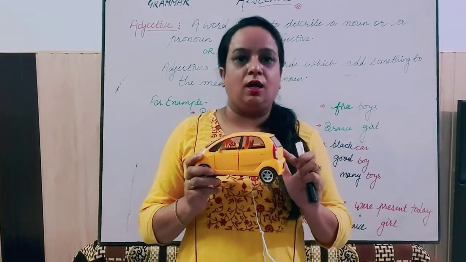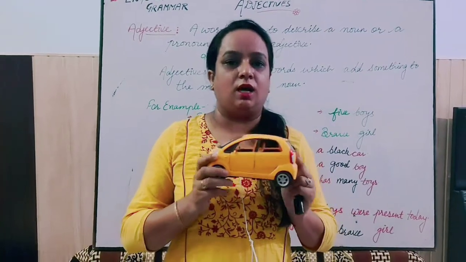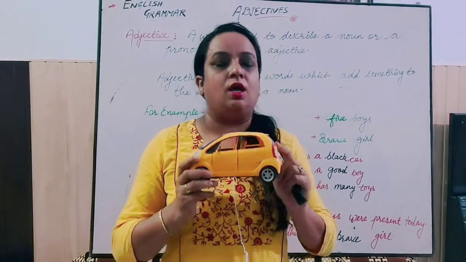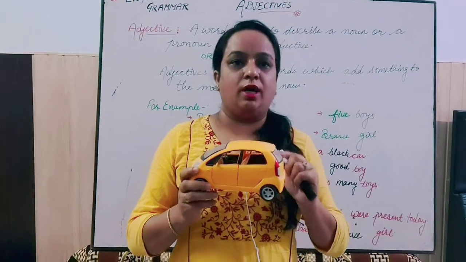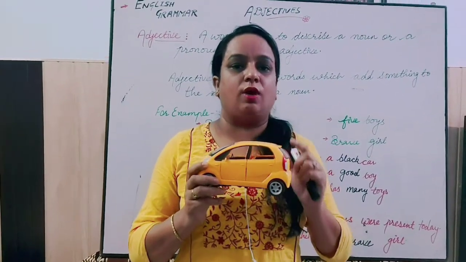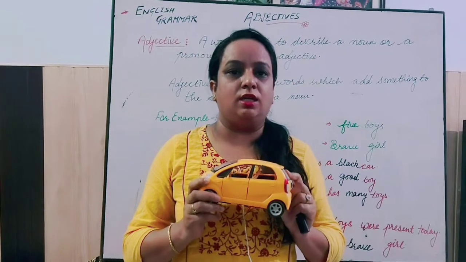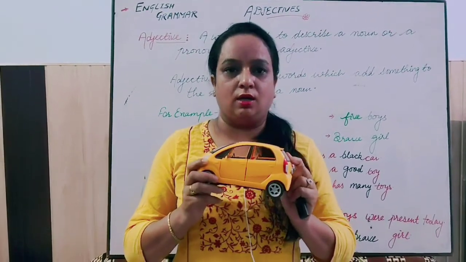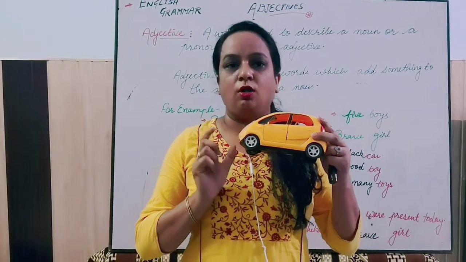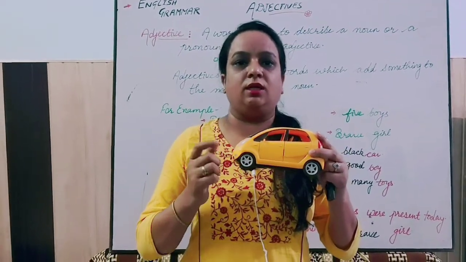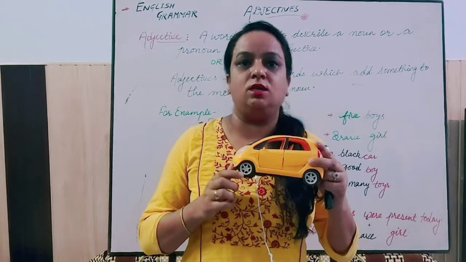So I am telling the quality of the car, that it is a small car. When I have a yellow car, once again it is telling the quality of the car, that it is a yellow car. When I say it has small tires, the word small is also describing the tires, because tires is a noun.